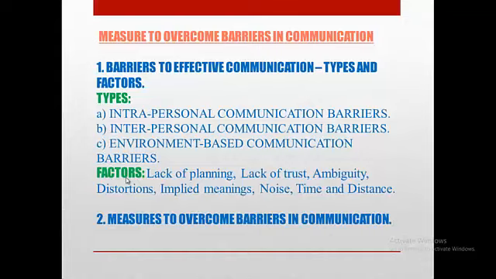Next one is ambiguity. It refers to the difficulty of understanding or explaining something because it involves making different inferences. It is quite possible that the receiver does not correctly understand the meaning intended by the sender.